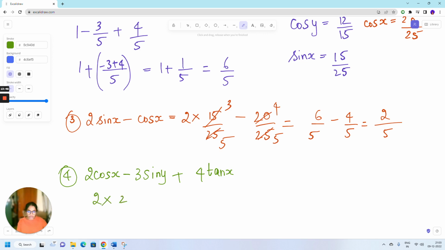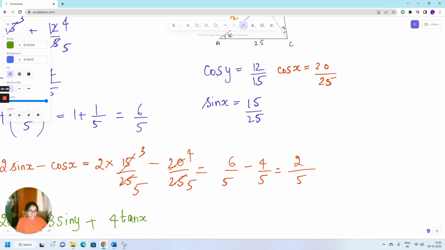It was 20 divided by 25, or I'll directly write it as 4 divided by 5. Minus, what was the value of sin y that we got? It was 9 divided by 15. 3 3s are 9, 3 5s are 15, so I'll directly write it as 3 divided by 5. Plus 4, they are asking us tan x.